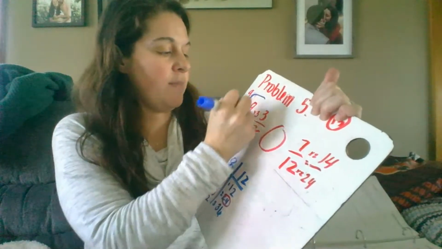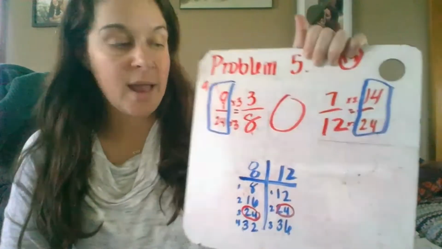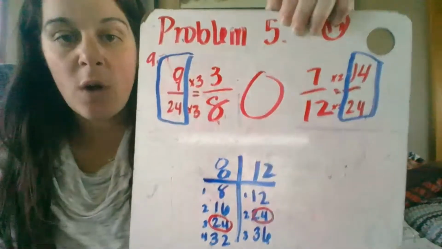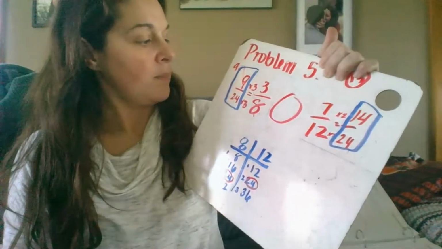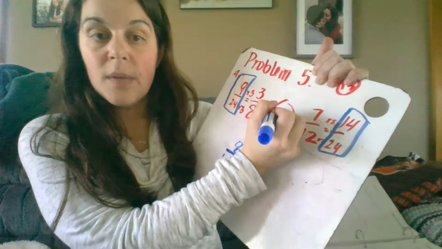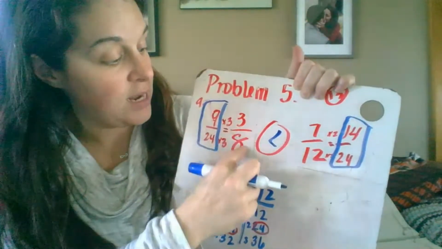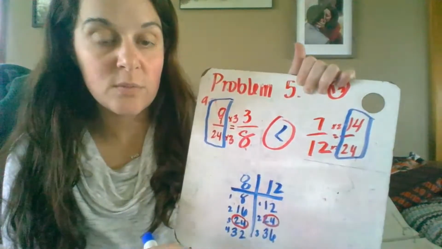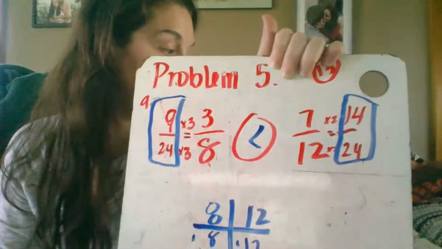Sometimes I like to box them in so that it makes it easier for me to see. Now I'm comparing 9/24 to 14/24. What am I going to use to put in there? It's going to be less than. So in this case, 3/8 is less than 7/12. And here's my work. My work is my explaining.